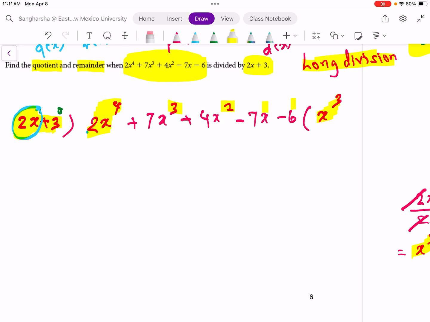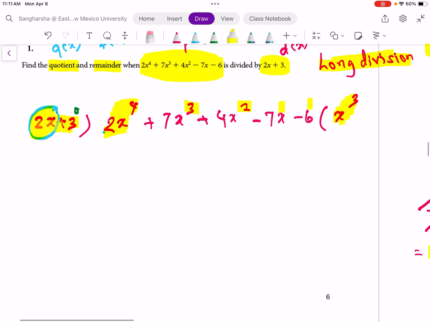Once you find the first term of the quotient, we multiply this first term, x cubed, with every term of the divisor, not only the first, every term, and we write it down in the second row. So x cubed times 2x is 2x to the power 4.